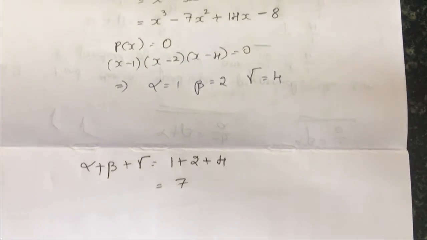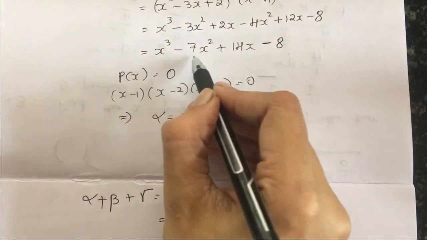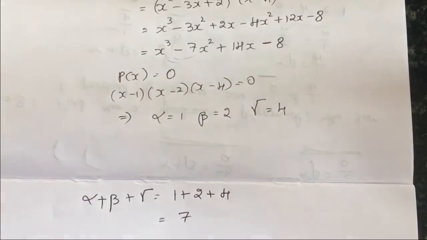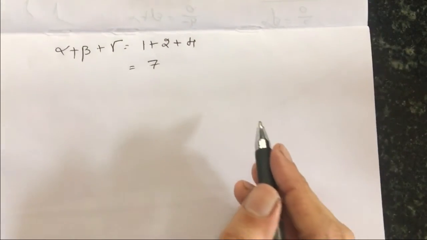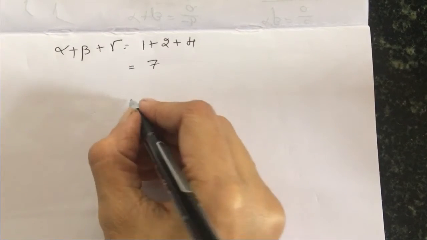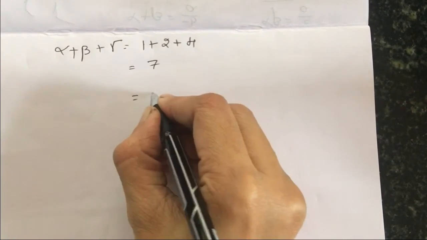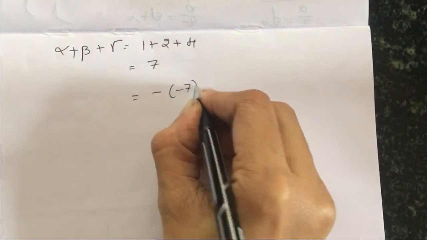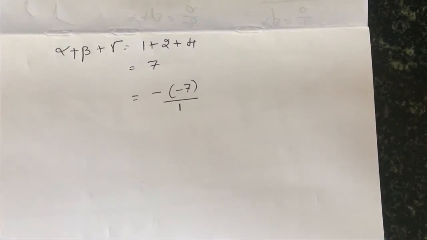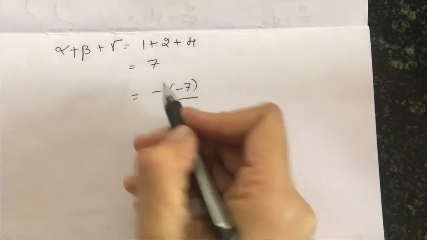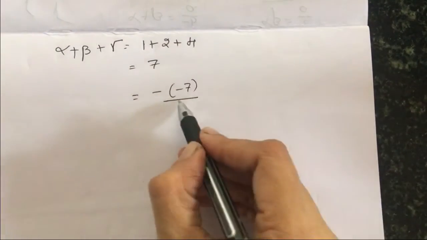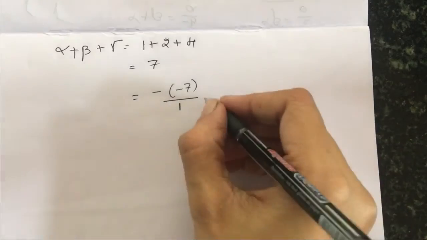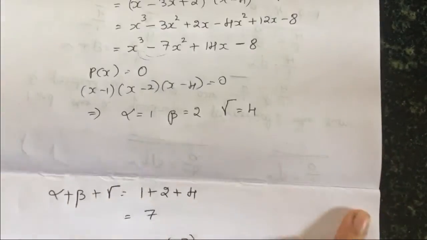Here in my polynomial, I'm getting 7. Just keep it as it is. I'll rewrite this 7 as minus of minus 7 by 1. Minus of minus 7 is 7, and dividing by 1 won't matter. What is minus 7?